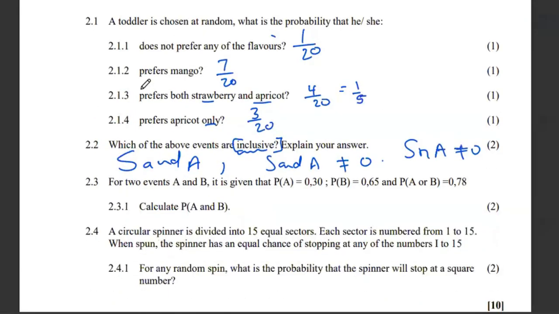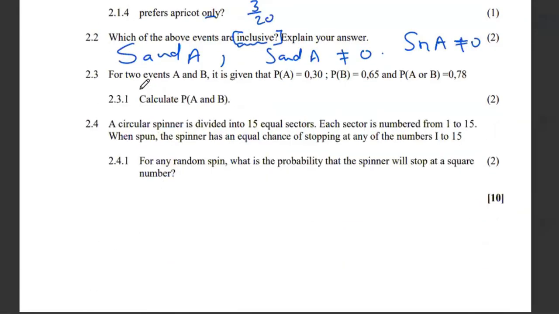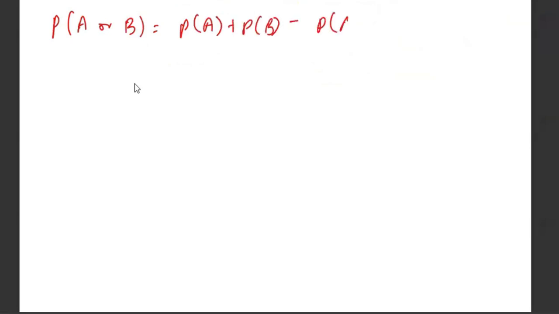All right, then 2.3, they're telling us we have two events, A and B. It's given that the probability of A is this, the probability of B is that, and the probability of A or B is this. Calculate the probability of A and B. We need to use the addition rule of probability, which tells us the probability of A or B is given as the probability of A plus the probability of B minus the probability of A and B. They gave us A or B as 0.78.